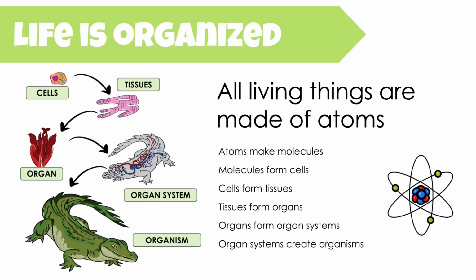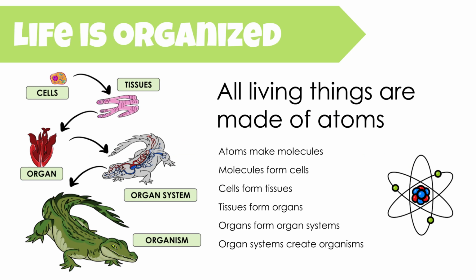Specific types of cells combine to form tissues, and when certain tissues work together, you get organs. Then we can start scaling up. When a bunch of different organs work together, we have an organ system like the circulatory system. Eventually, once all these organ systems work together, we have one single entire organism.